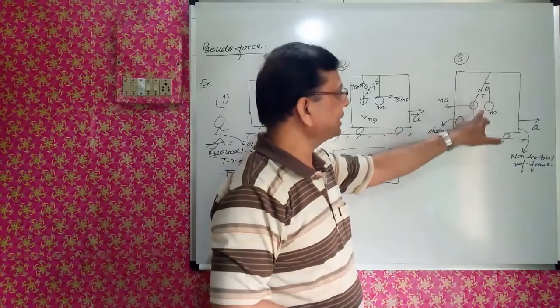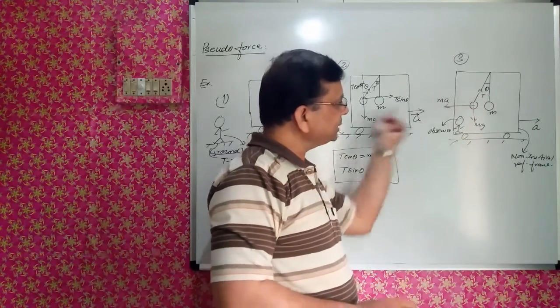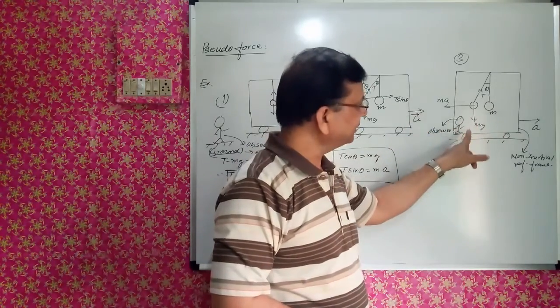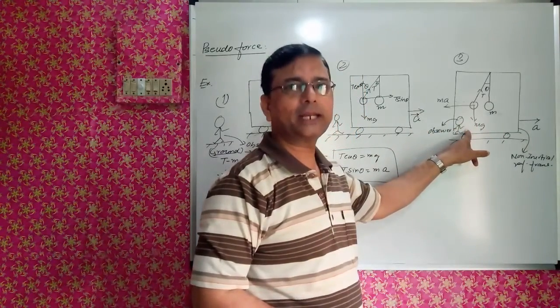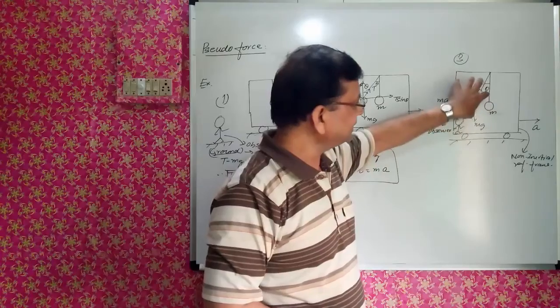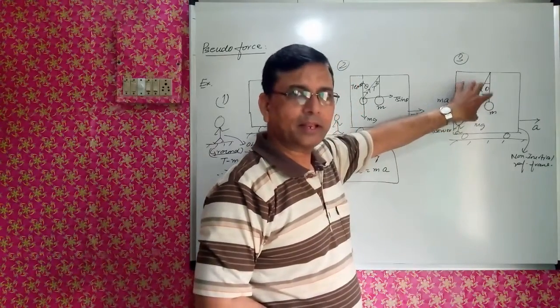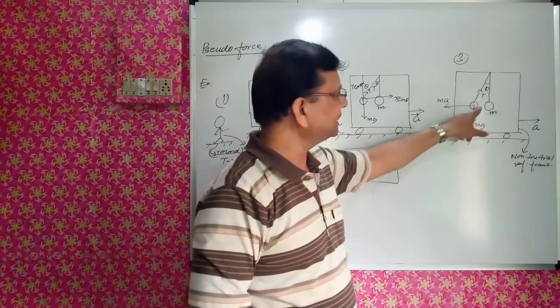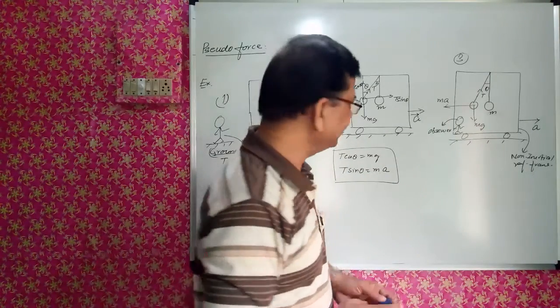That is T, tension, and mg. So the opposite force, that is minus ma, will act on this when the observer is in a non-inertial reference frame. So this is the system. Now the forces will be balanced and the observer will say it is at rest, right?